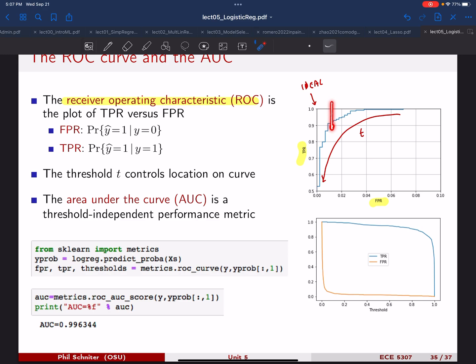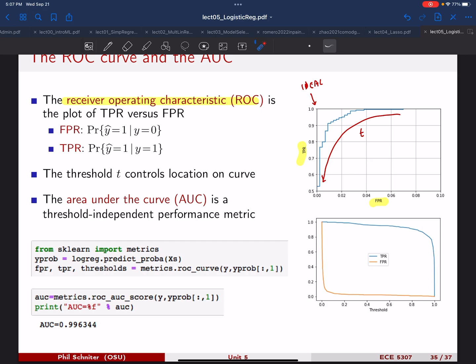So you might say, I need to be on the left side of this, so I'm going to choose this. That might be your design constraint. It really depends on the application, and maybe for a different application, you're content with a false positive rate of 0.2. That will all affect the threshold you choose.